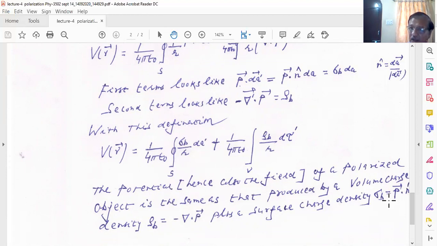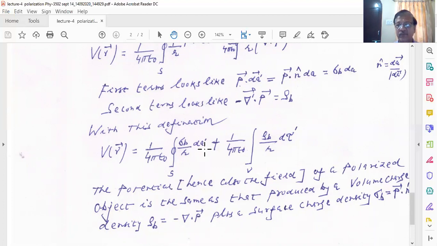So the field of a polarized object is the same as that produced by a volume charge density rho b plus a surface charge density.